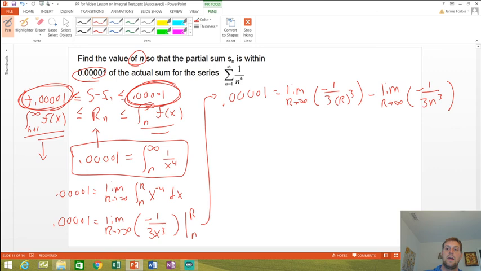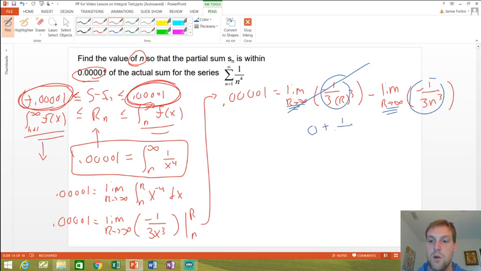Now, if I'm solving each of these limits as r approaches infinity, this one is just going to go to 0. So I've got 0 minus this limit. Since it's all in terms of r, this limit is just going to be whatever this quantity is. So minus a negative is going to make that positive 1 over 3n cubed, and that's equal to 0.00001.